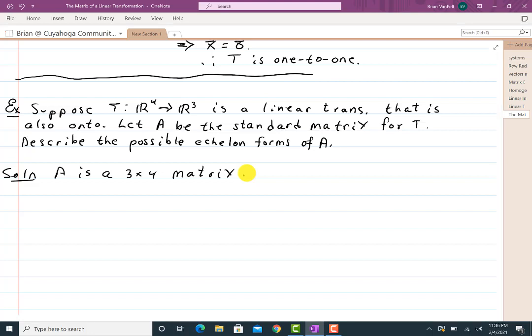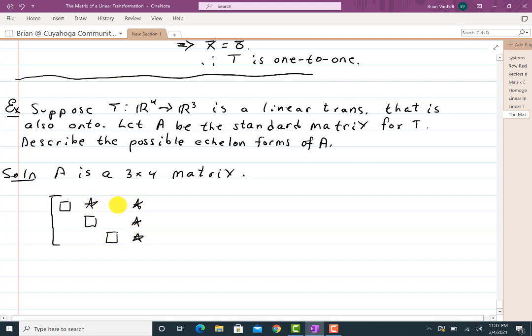And let's take a look then at some various echelon forms. So we have 4 columns, 3 rows. So I could do something like this. And then I can have this. Remember, these stars don't matter. The blocks, though, are non-zero items. They're meant to be the pivots.